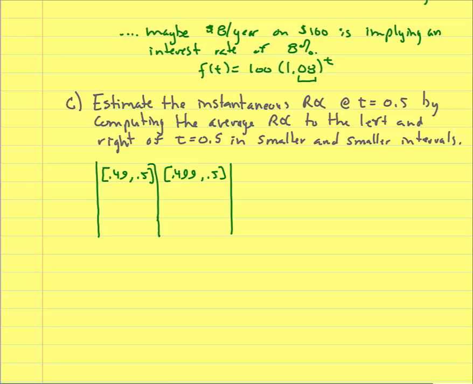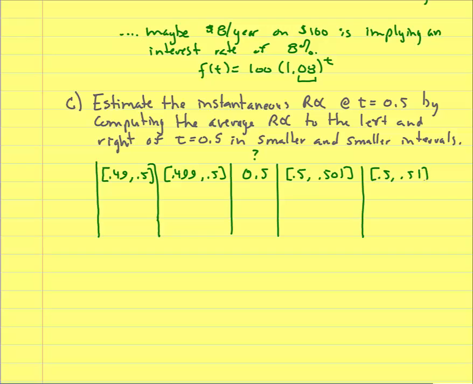And we'll just call this one 0.5. This is what we're trying to figure out. So another interval would be something like 0.5 to 0.501. And we'll look at 0.5 to 0.51.